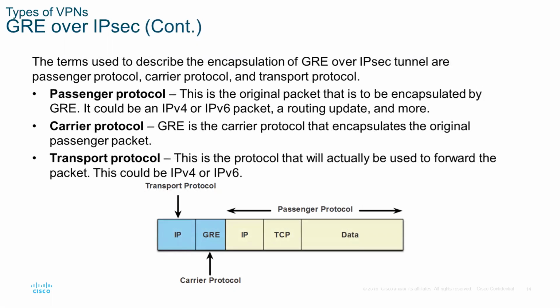Now, because of this, it gets a little messy, so we need to be very careful how we look at things. The passenger protocol is the original packet that's encapsulated by the GRE, whether it be IPv4 or v6 or whatever the message is.